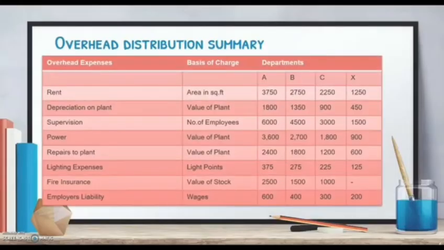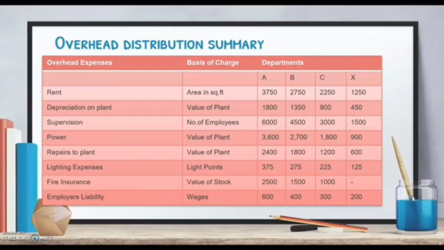This is the overhead distribution summary. First we are going to prepare a table. In the first column we write the overhead expenses given in our question: rent, depreciation on plant, supervision, power, repair to plant, lighting expenses, fire insurance and employer liability.